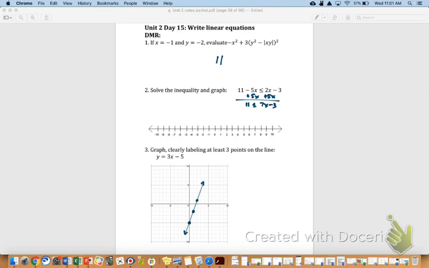You probably added 3 to both sides? Okay, so if you did that, you end up with 14 is less than or equal to 7x. And then I'm guessing you divided by positive 7. Okay, that's perfect. So then you end up with 2 is less than or equal to x.